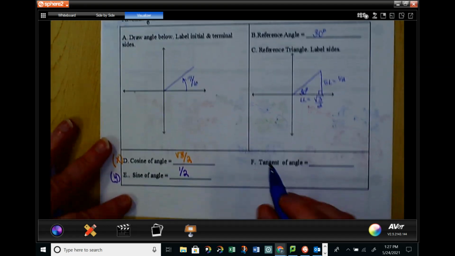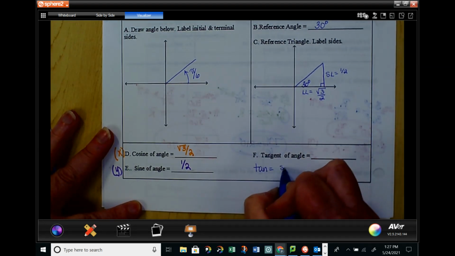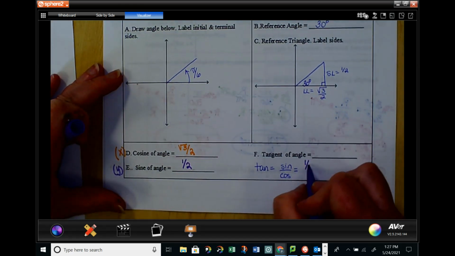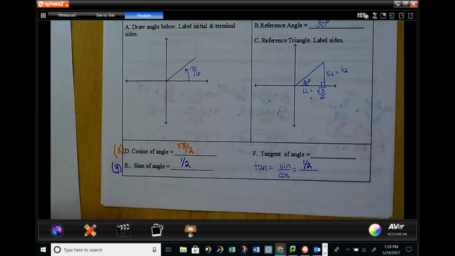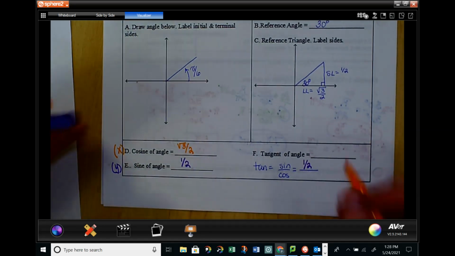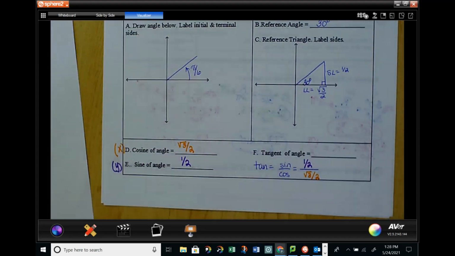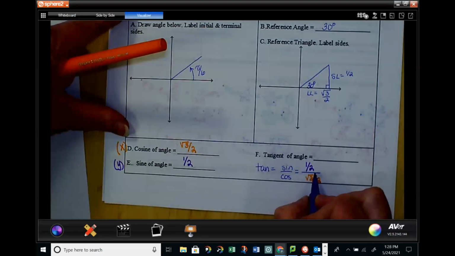And in order to get your tangent, the tan is sine over cosine. So your sine is 1/2 divided by your cosine, which is the square root of 3 over 2. So in order to convert, we do just the little shortcut rule of dividing by a fraction.